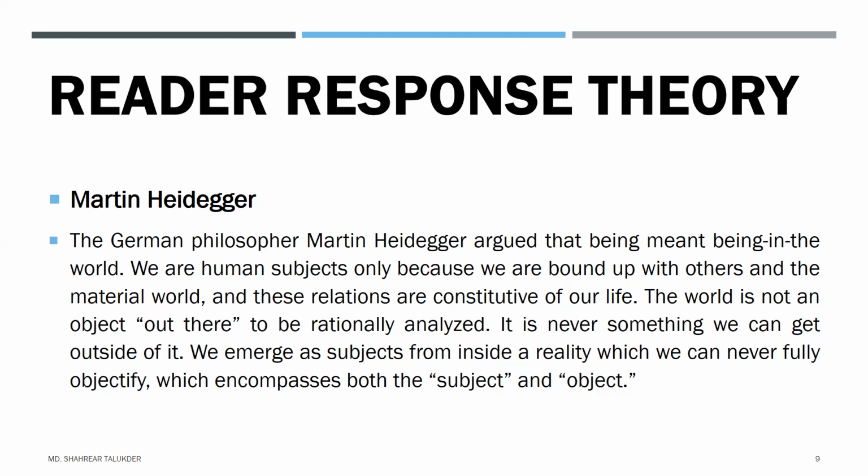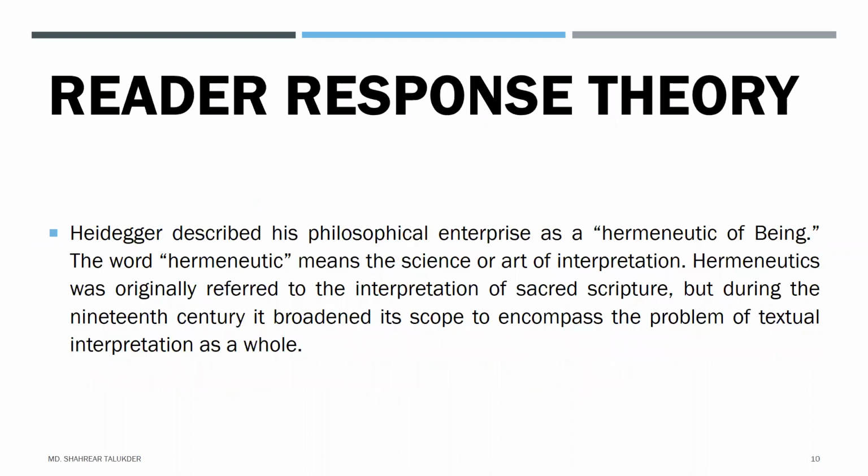They're interrelated, and their existence is interwoven in such a way that you cannot separate them. So inside a reality, we can never fully objectify, and you cannot put them in the shape of the object all the time, but you can create some sort of perception in your mind. And that reality encompasses both the subject and object.